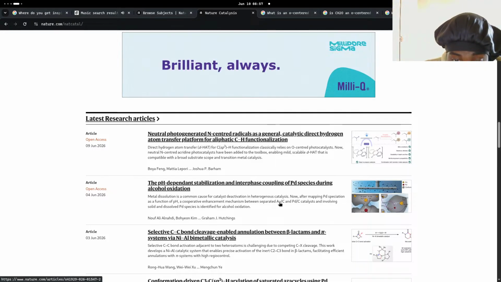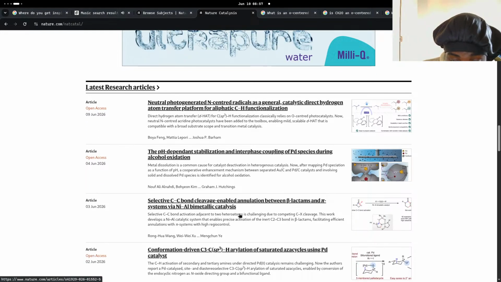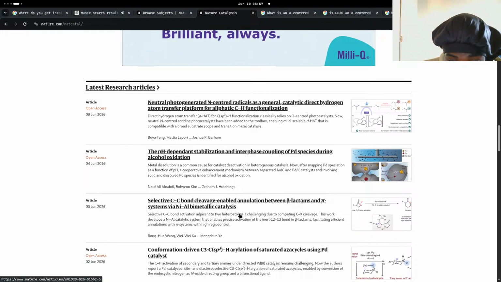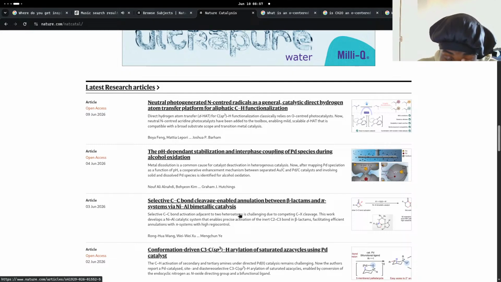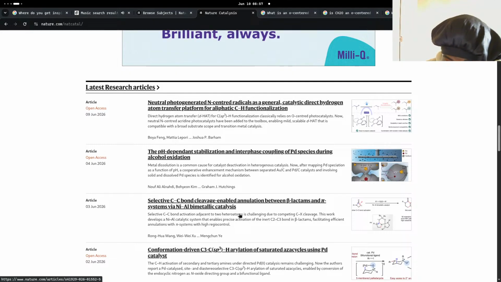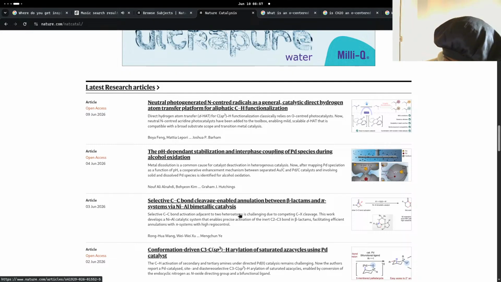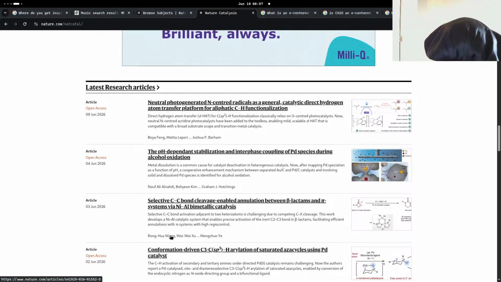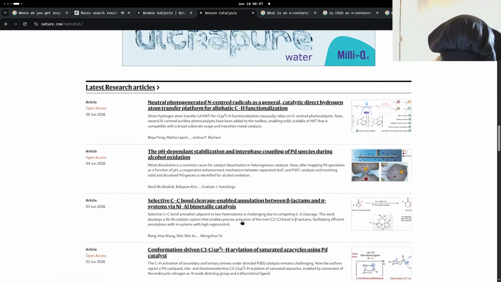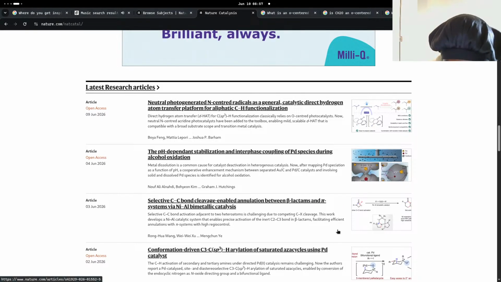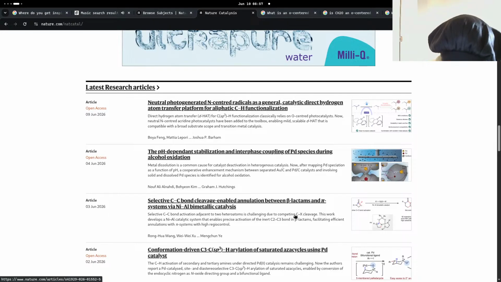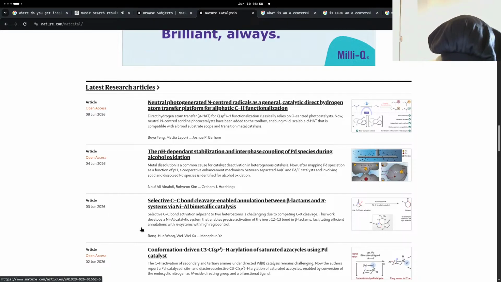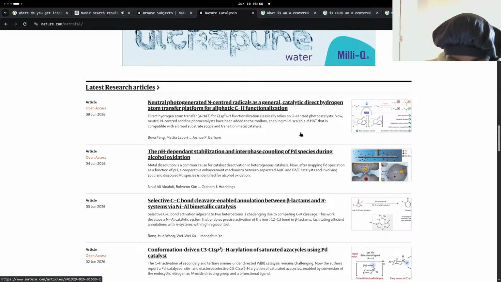Selective carbon-carbon bond cleavage enables annulation between beta lactams and pi systems in nickel-aluminum bimetallic catalysis. Selective carbon-carbon bond activation adjacent to heteroatoms is challenging due to competing carbon-X cleavage.